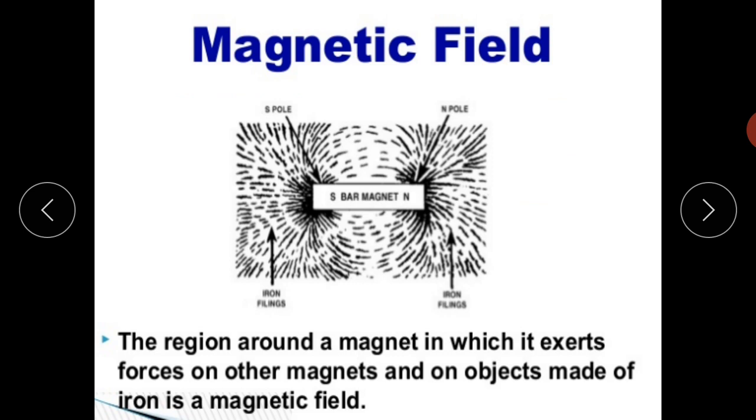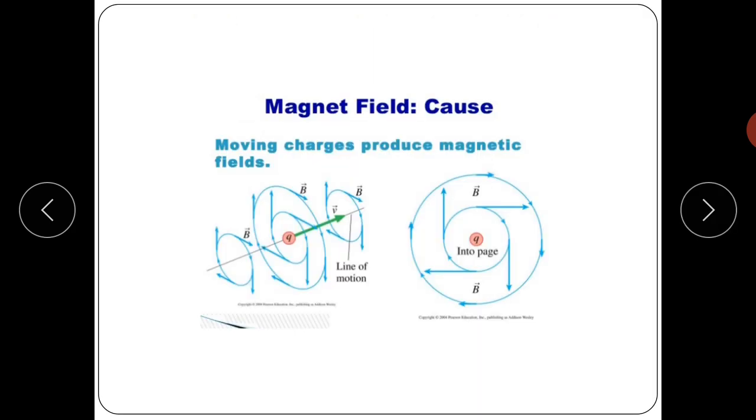The magnetic field, what is the magnetic field? Suppose this is a permanent bar magnet, with a north pole and a south pole, and these are iron pieces. The region around a magnet in which it exerts forces on other magnets and on objects made of iron is the magnetic field.